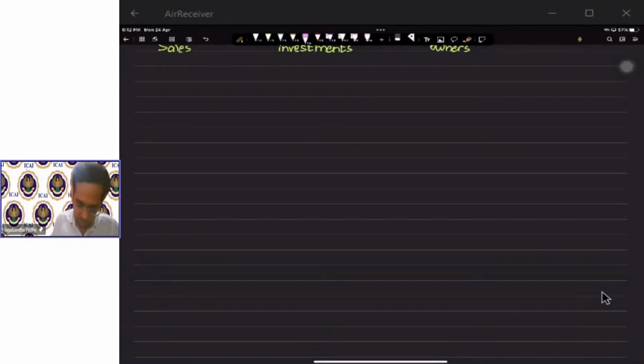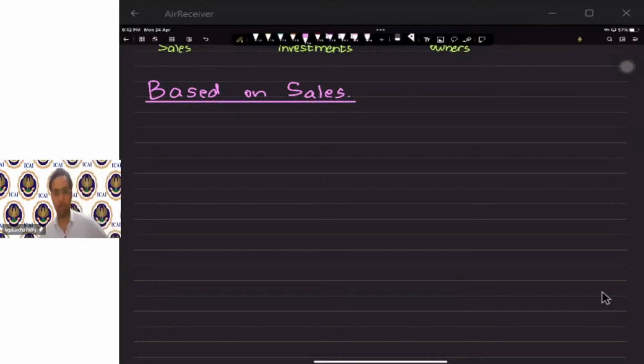The first part that we're talking of is based on sales. Okay. So based on sales, first ratio that we are talking is gross profit ratio.